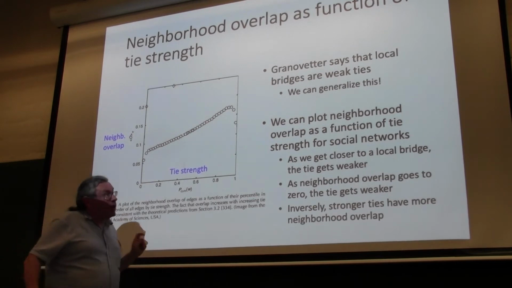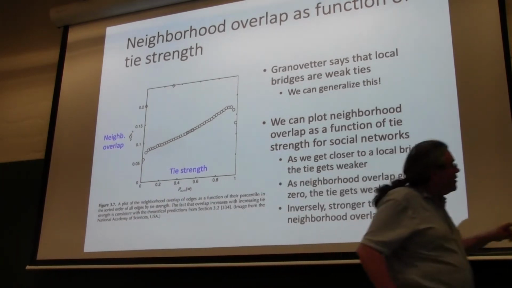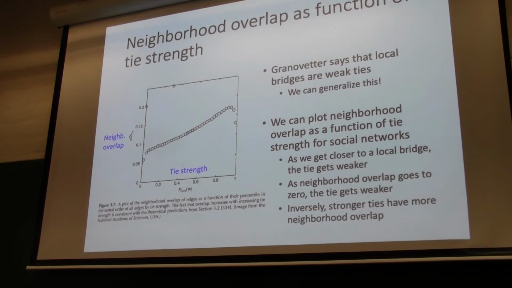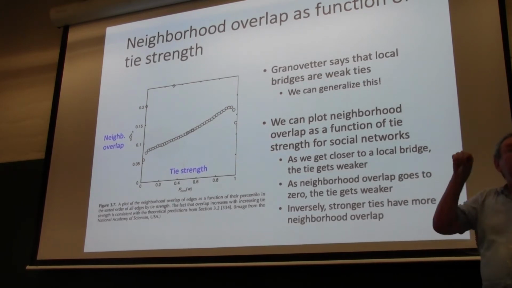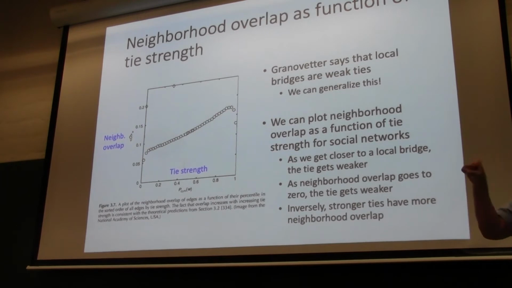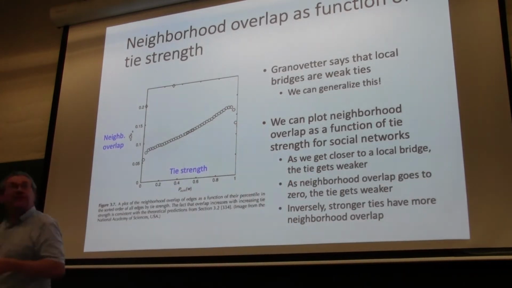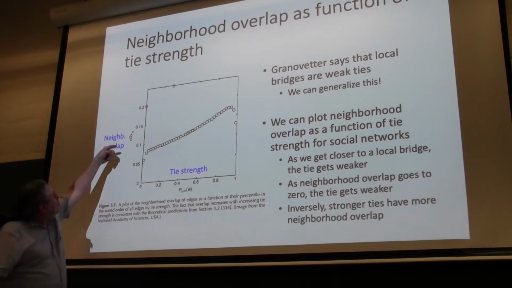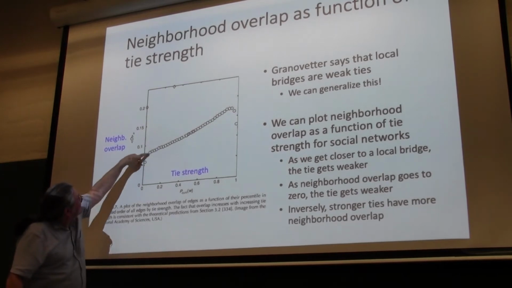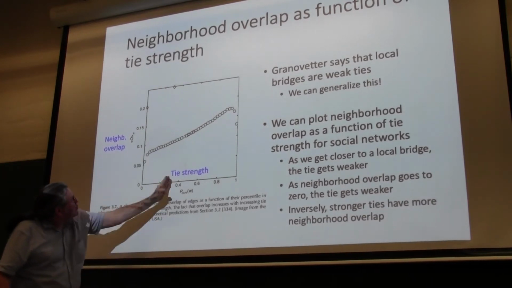So according to Granovetter, this is what we saw last week. Granovetter said that local bridges have to be weak, because if they were strong, you would have triadic closure. But this graph actually shows the same thing. A local bridge, which is here, the lower number, is weak.